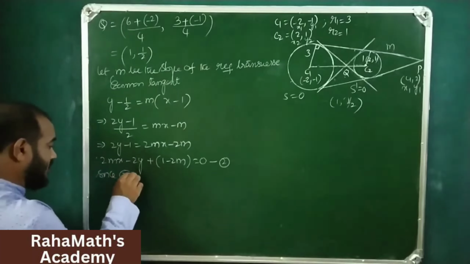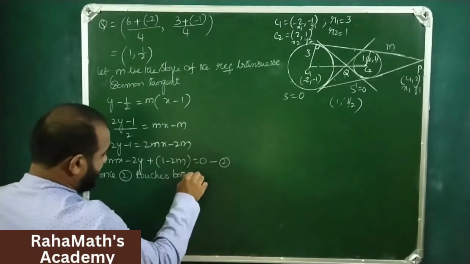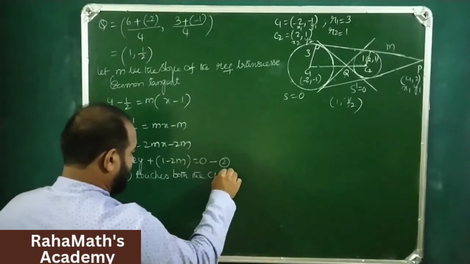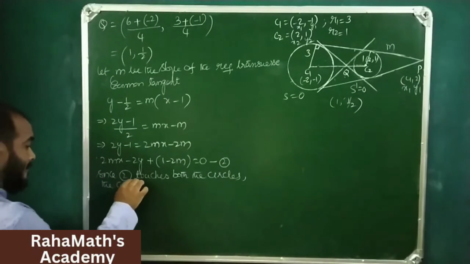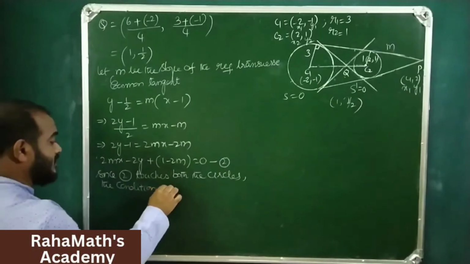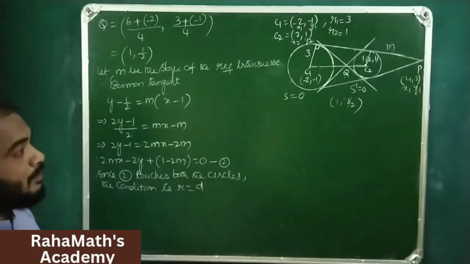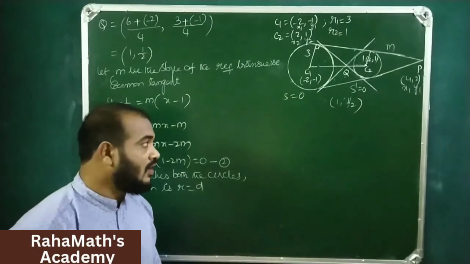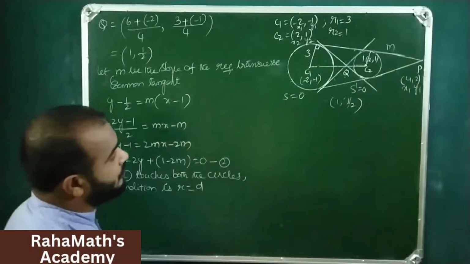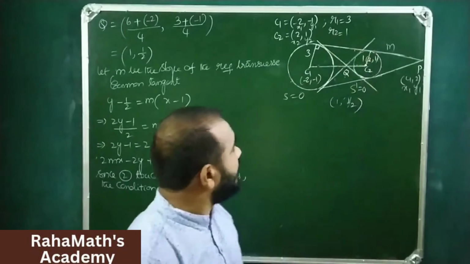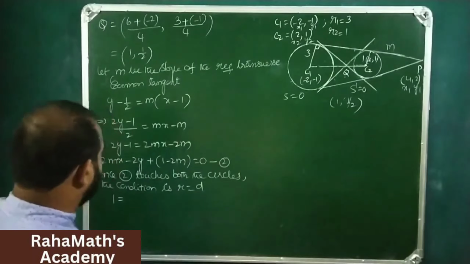Since 2 touches both the circles, the condition is R equals D. Radius is equal to the perpendicular distance from the center of the circle to line 2. So as usual, I will take the second circle's radius. So 1 is equal to the perpendicular distance.